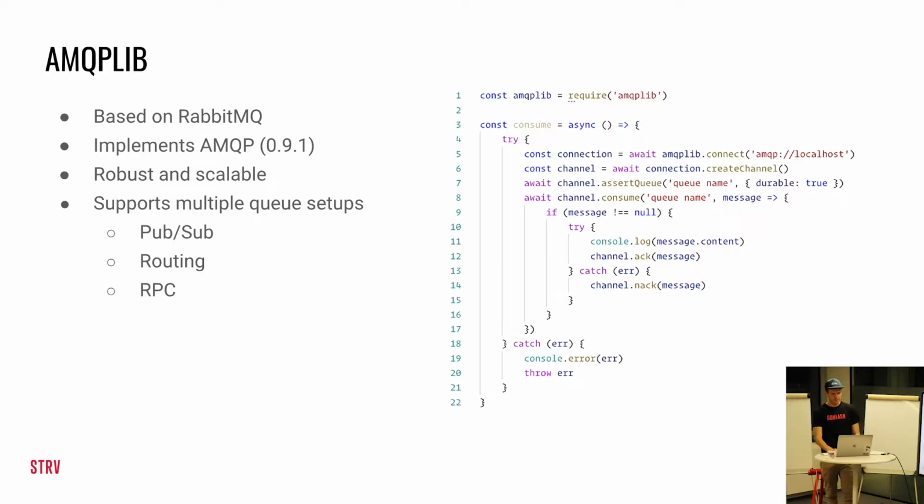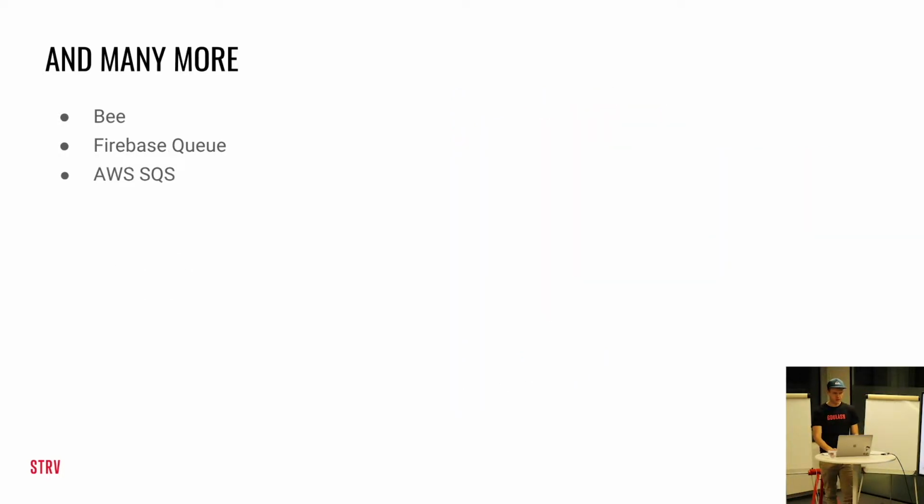There are also many more options. For example, Bee is another library based on Redis. There is the quite popular Firebase Queue, which is a plugin to Firebase. It's not officially supported by Google, but I've seen many projects using it, working pretty well.